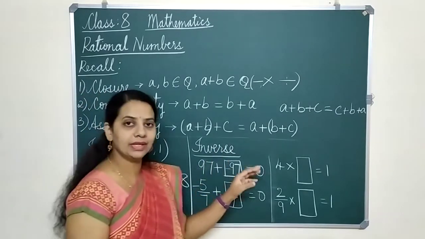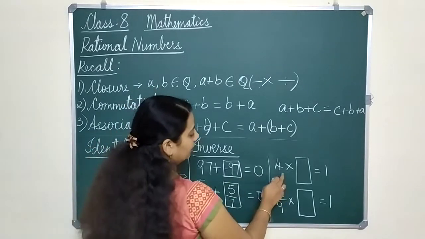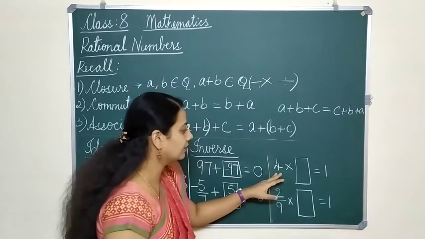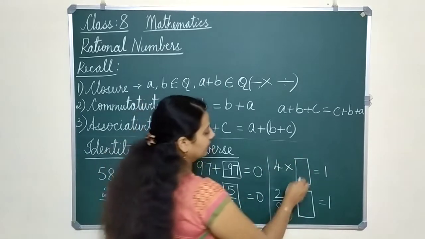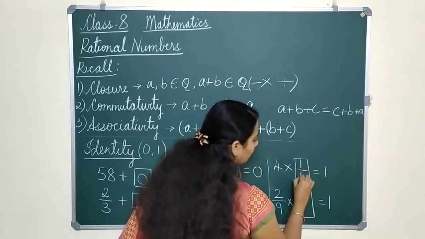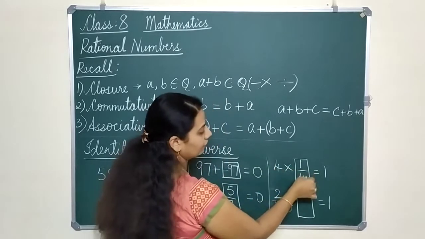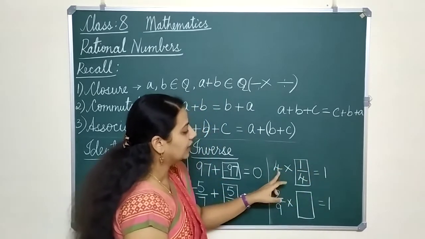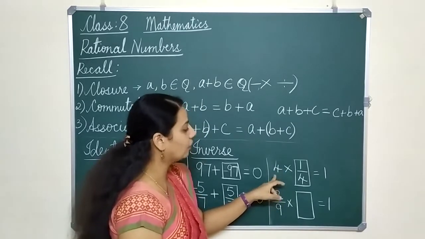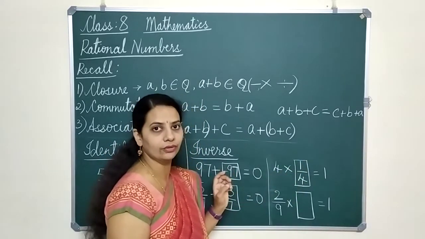Now coming to multiplicative inverse. For example, 4 into something gives you 1. So which number is that? This is 1 by 4. 4 ones are 4, 1 by 4 times 4 gives you 1. So the multiplicative inverse of 4 is 1 by 4.